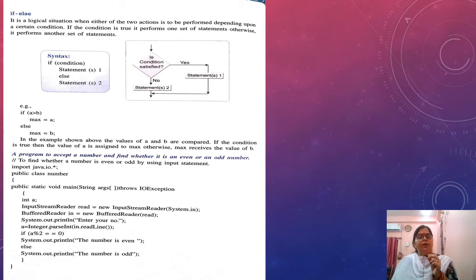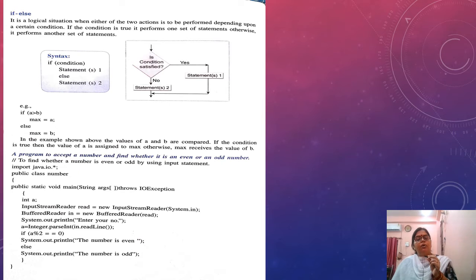See, here is a program you all have to write in your class registers. A program to accept a number and find whether it is even or odd, by using an input statement. In this we input a.